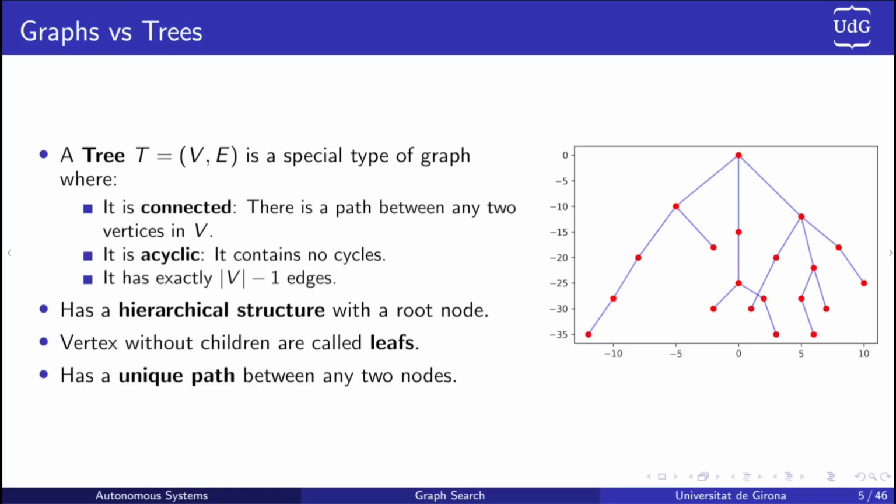The other day I mentioned, but I did not show you any particular slide about that, that there is a specific group of graphs that are called trees, and trees are a little bit special because they have this hierarchical structure. Basically, in trees we always have a root, okay, and then each node, for instance this vertex here, has one parent, that is this one, and has two children, this child and this child.